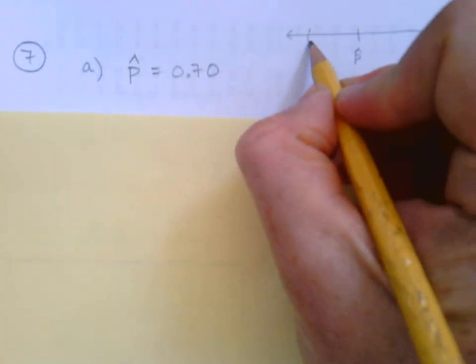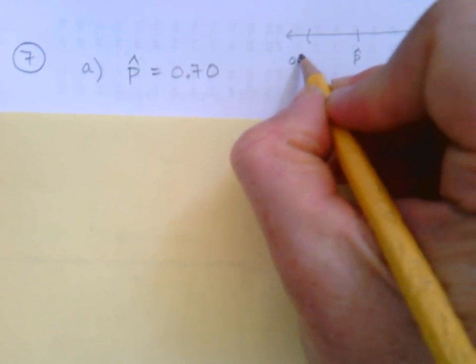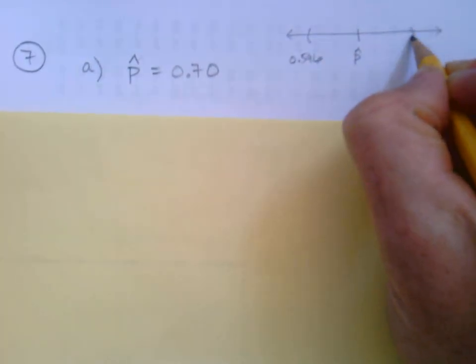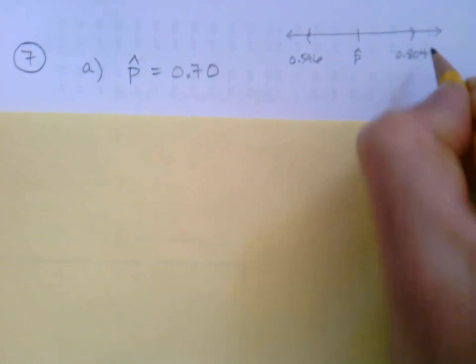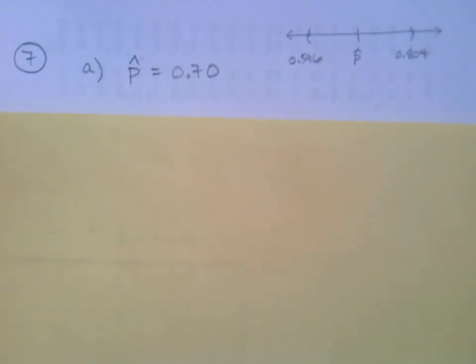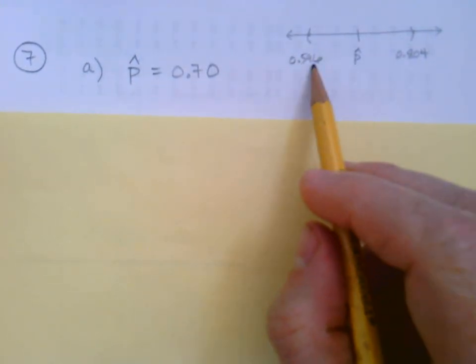And they tell us the confidence interval starts at 0.596 and it ends at 0.804. So even if you were only told the confidence interval, you could get the point estimate. What number is directly between these two?